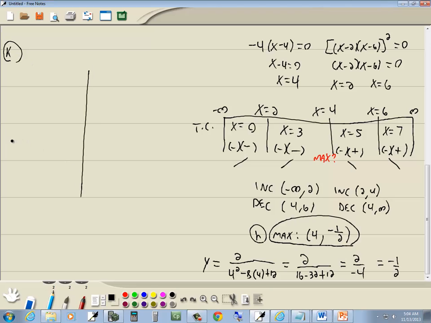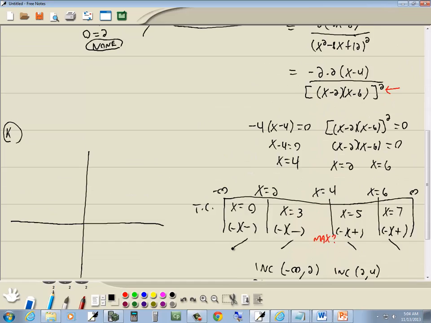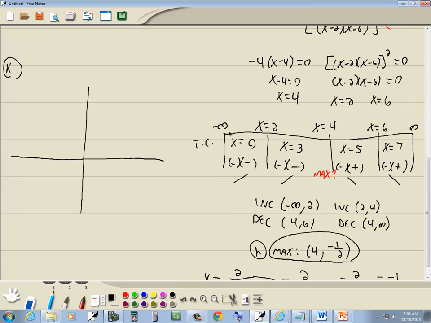I'm not sure how good my graph will be here, with how small I'm making it, but we'll see. I'm looking for extreme values, like 6 is pretty big. Everything else is fairly close, so 6 is the furthest one out. So we got vertical asymptotes at 2 and 6. So we got 1, 2, 3, 4, 5, 6. So vertical asymptote at 6, and a vertical asymptote at 2.